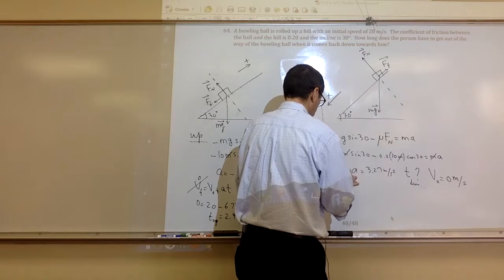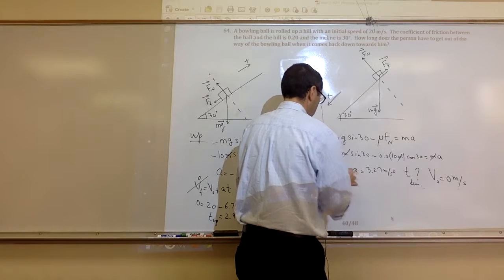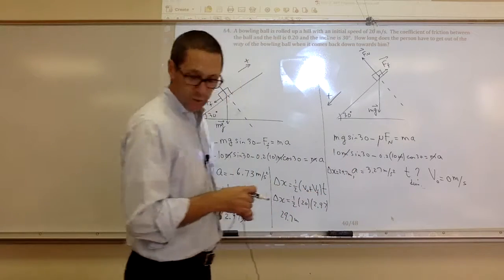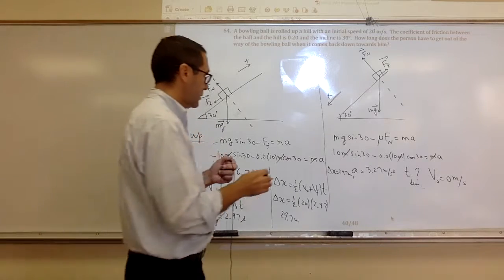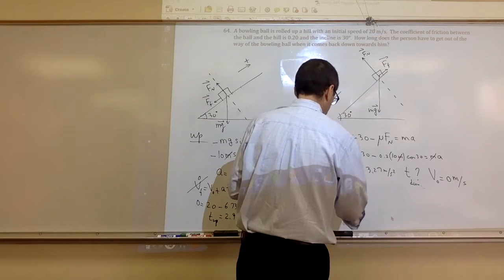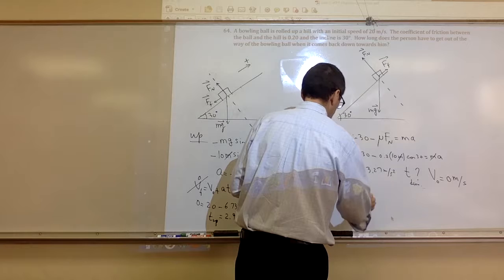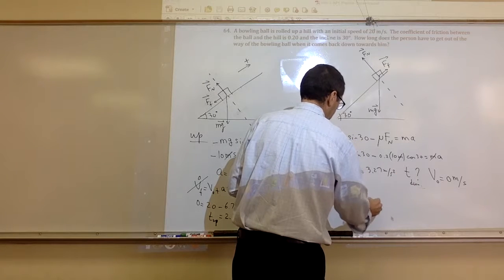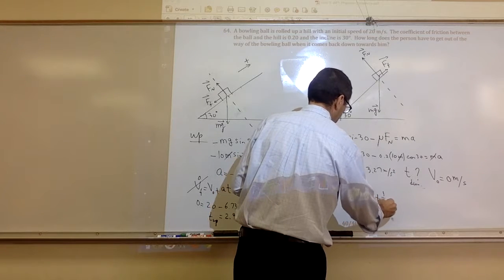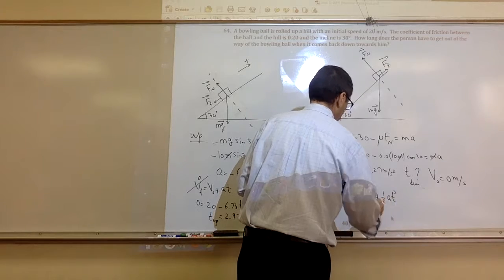Delta x is 29.7 meters. Now which equation do we use? We use the one that has the time squared. So delta x equals v initial times time plus 1/2 a times time squared. This is gone.